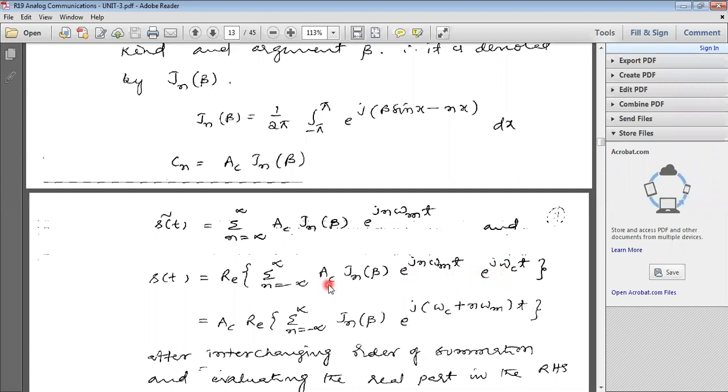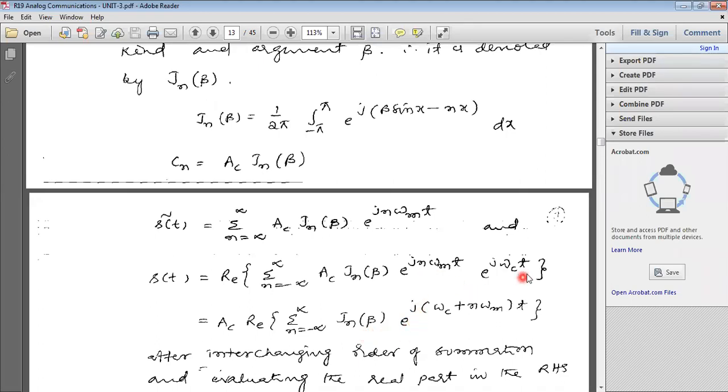Since AC is a constant, I take it outside. Therefore it becomes AC into the real part of sigma n equal to minus infinite to infinite Bessel function into e power.